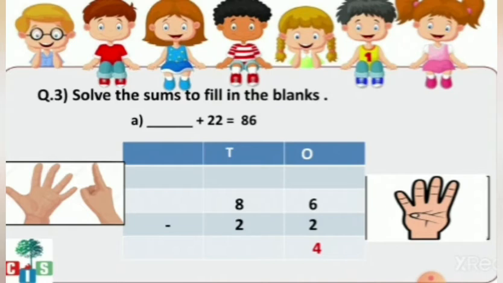So 8 minus 2, your answer is 6. The number which was missing here is 64. 64 plus 22. You will get the answer 86. Now let's move to the next slide.